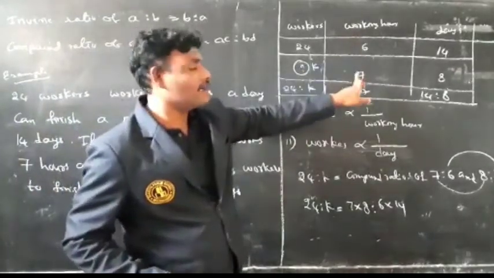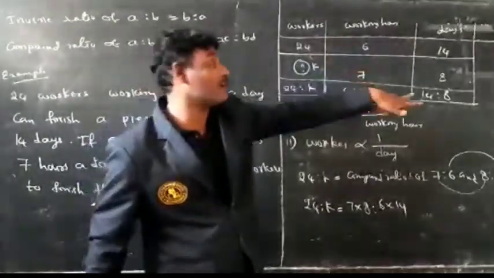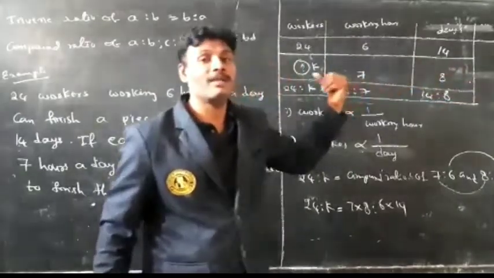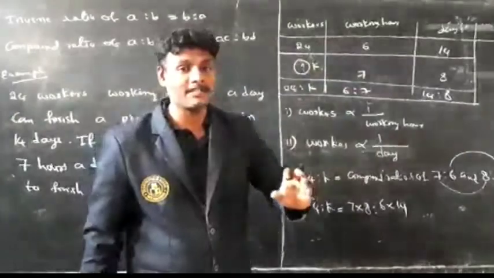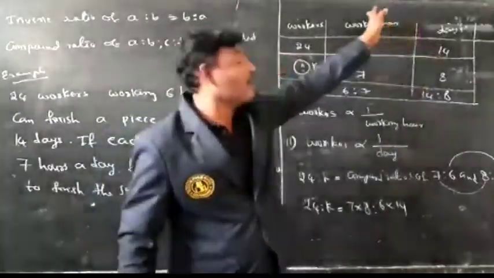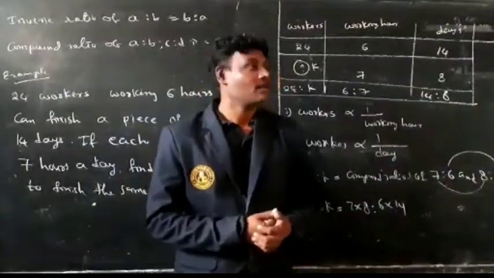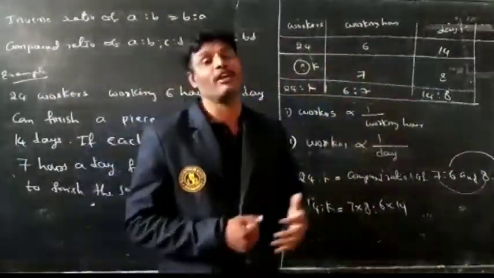They are working 7 hours per day and they are finishing the work in 8 days. So to finish the work in 8 days, how many workers are required? See here, workers depend on working hours and also on completing days. Here, this quantity depends on two other quantities.